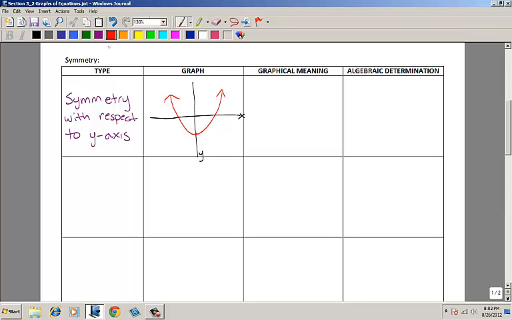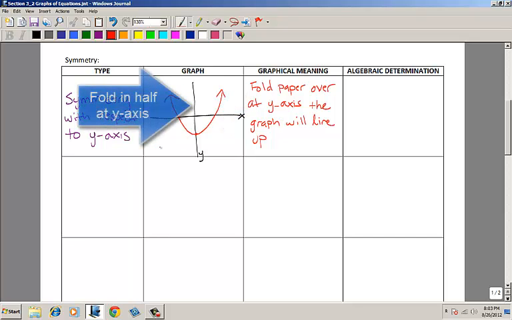Well, it means that if I fold my sheet of paper over at the y-axis, so if I fold it in half at the y-axis, the graph will line up. Means whatever exists here exists on the opposite side. Now, this isn't the prettiest picture, but imagine if I could fold this at that y-axis, I'd have the same graph on both sides.